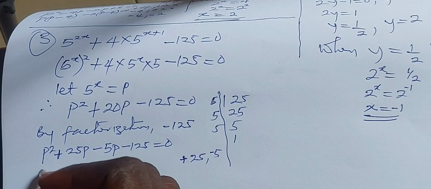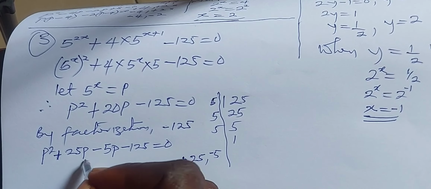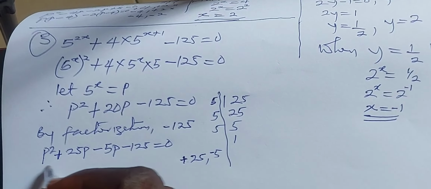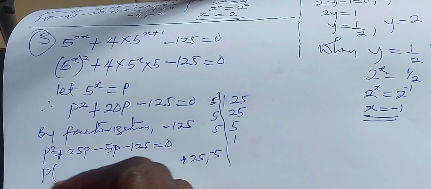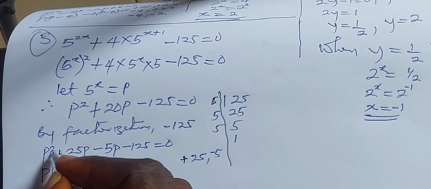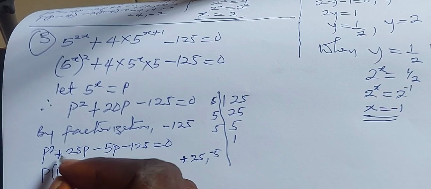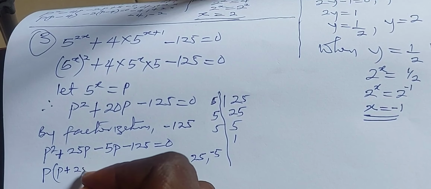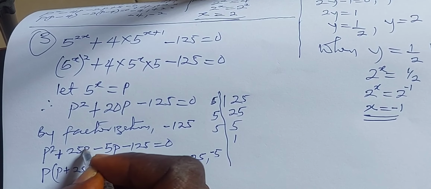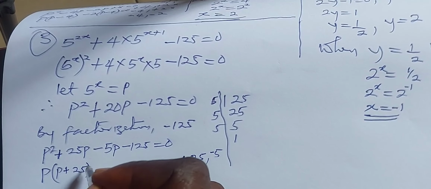We pair them, these two and these two. p is common to the first pair. p into p squared gives p, and plus 25p divided by p gives 25.